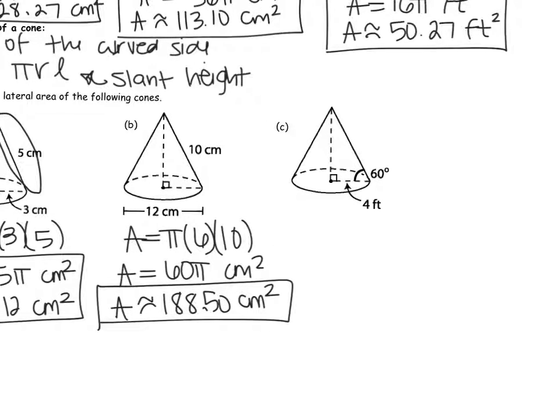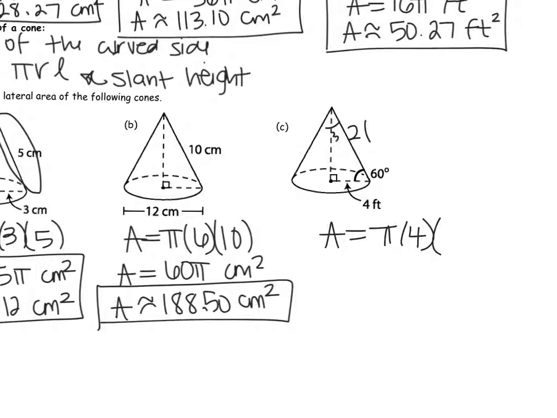And in our last cone, our lateral area is pi times the radius 4, but we don't have our slant height. So what we do know is that the angle formed with our radius and our side is 60 degrees, which makes the right triangle a 30, 60, 90 special right triangle. And our slant height is just the hypotenuse of that right triangle, which is 2 times the shorter leg.